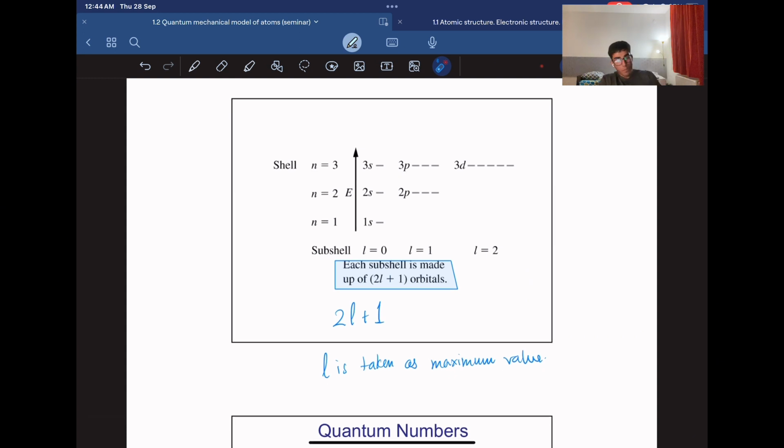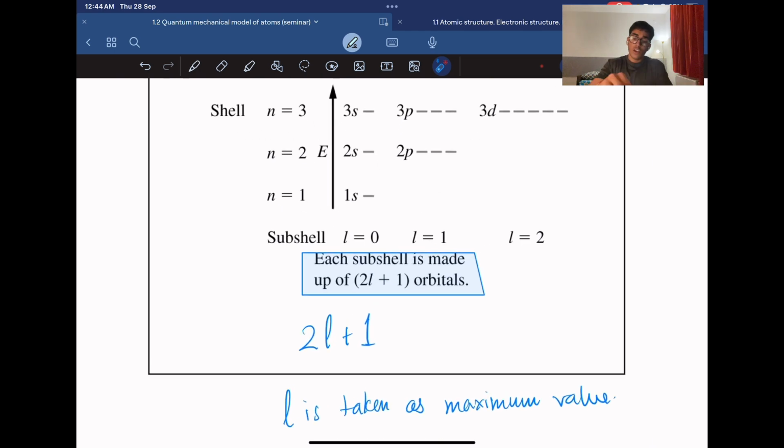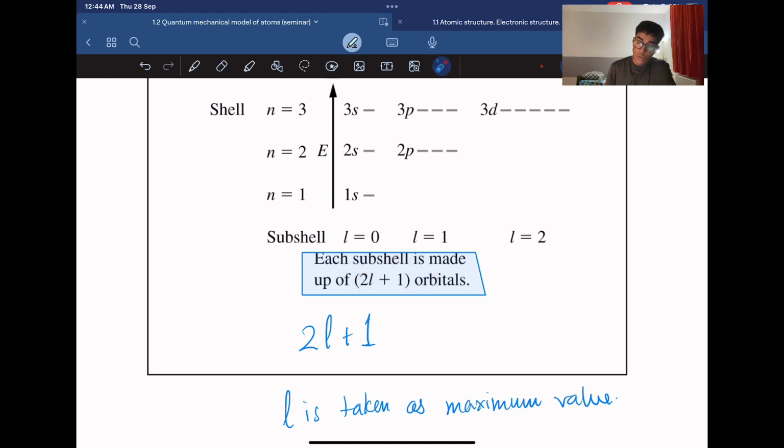Next up, what do we have here? Each subshell is made of orbitals. There are going to be questions in the MCQ like this. They're going to give you a subshell number, and they're going to ask how many orbitals does this have? So we need to learn this formula, that is 2l plus 1. Let's say the value of n is 4.